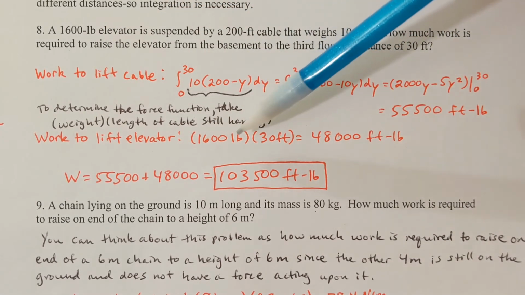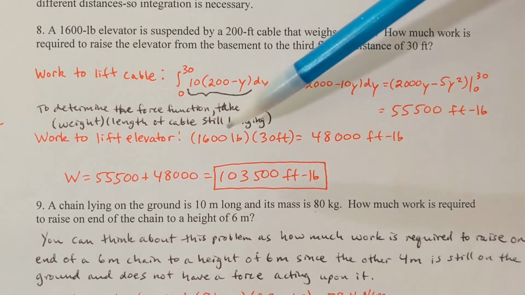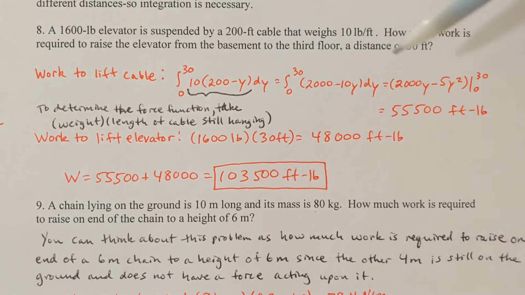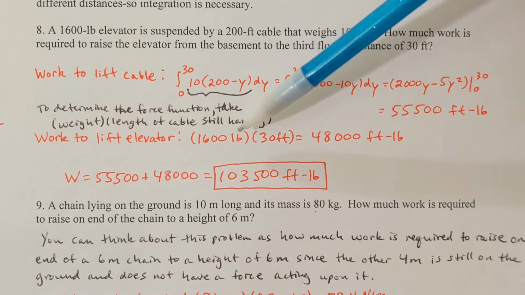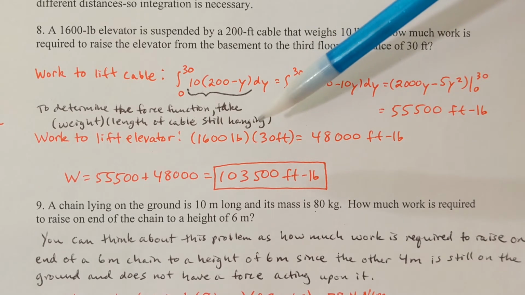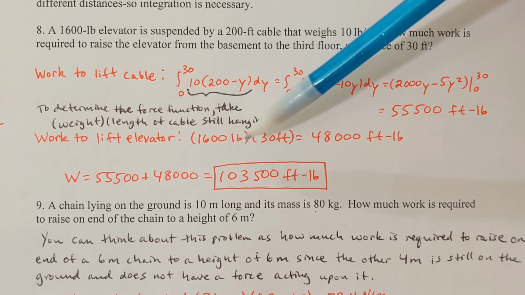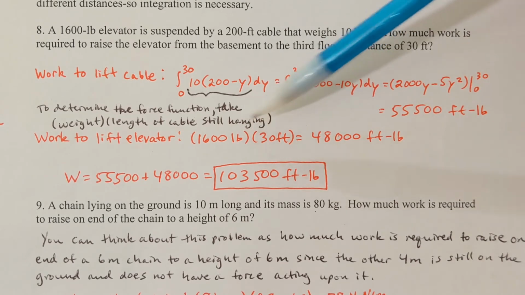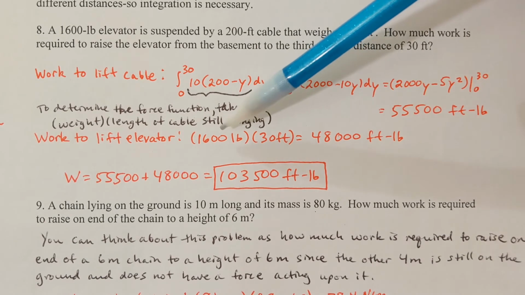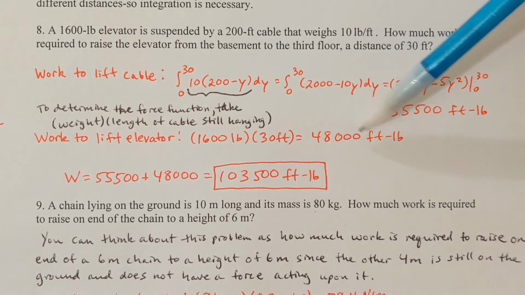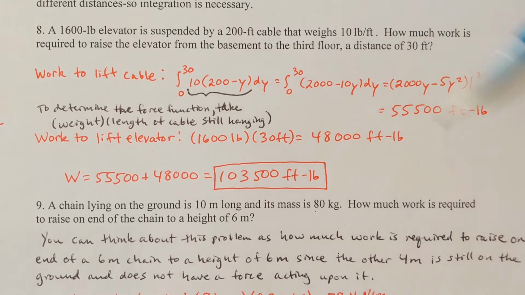Again, the weight of the elevator is not changing in the problem, so I have a constant force there, and I would just take the weight times the distance. So 48,000 foot-pounds would be just the work done to lift the elevator.